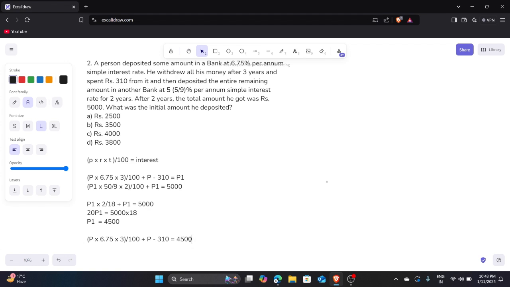So when you solve this, what do you get?